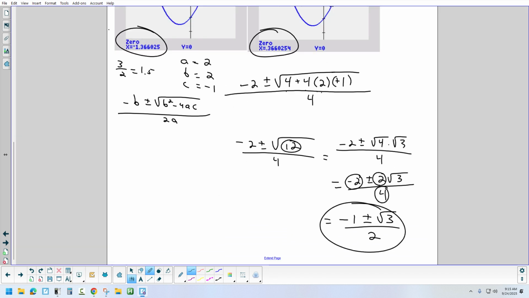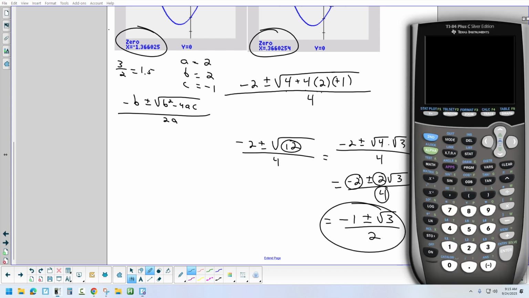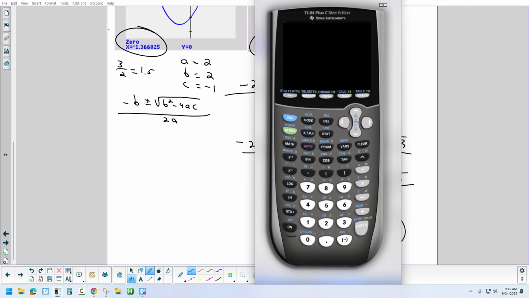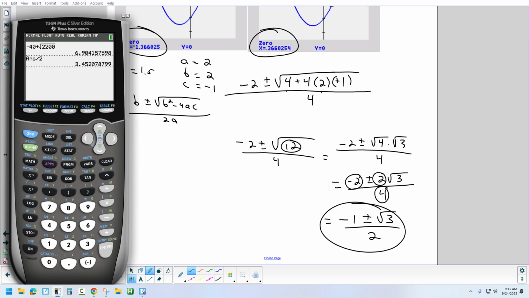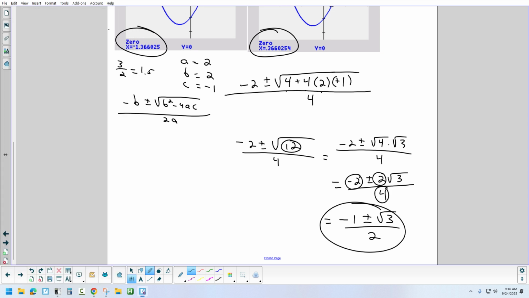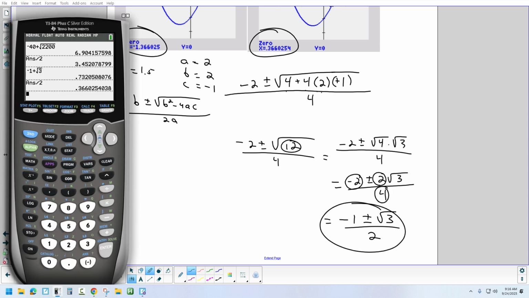How can I check that they are the same? Yeah, use our calculator. Let's type those in and see what happens. So negative 1 plus the square root of 3, divided by 2, is 0.36602. That's that. So there's my first answer.